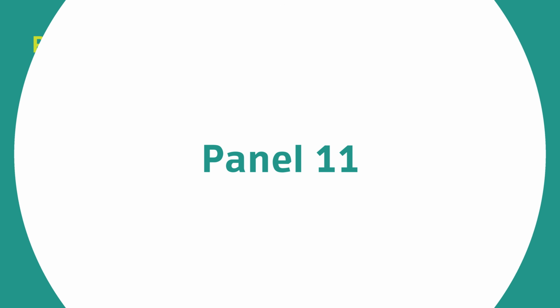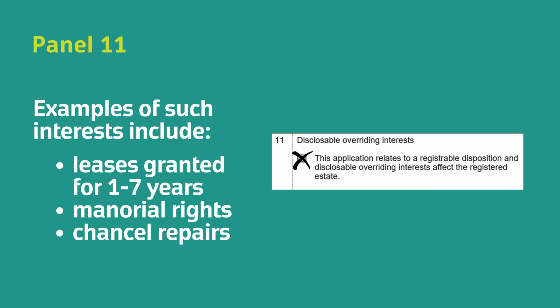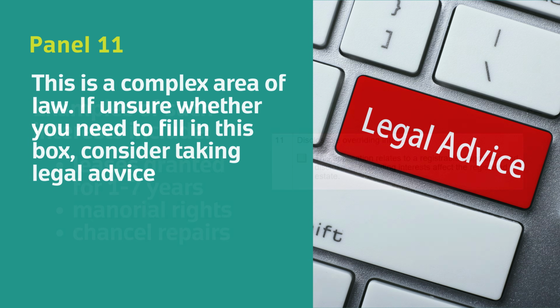Panel 11. You only need to put a cross in this box if there are any interests that affect the property, such as leases granted for 1 to 7 years, manorial rights, or chancel repairs. There are lots of other types of overriding interests. It's a very complex area of law which we can't cover in this video, so if you are unsure whether you need to fill this box in, take a look at the information on our website or consider taking legal advice.